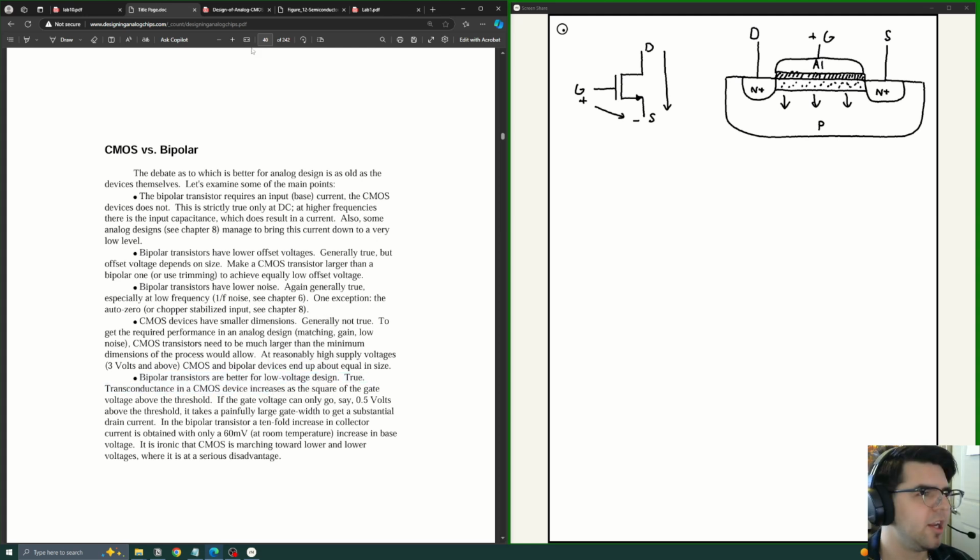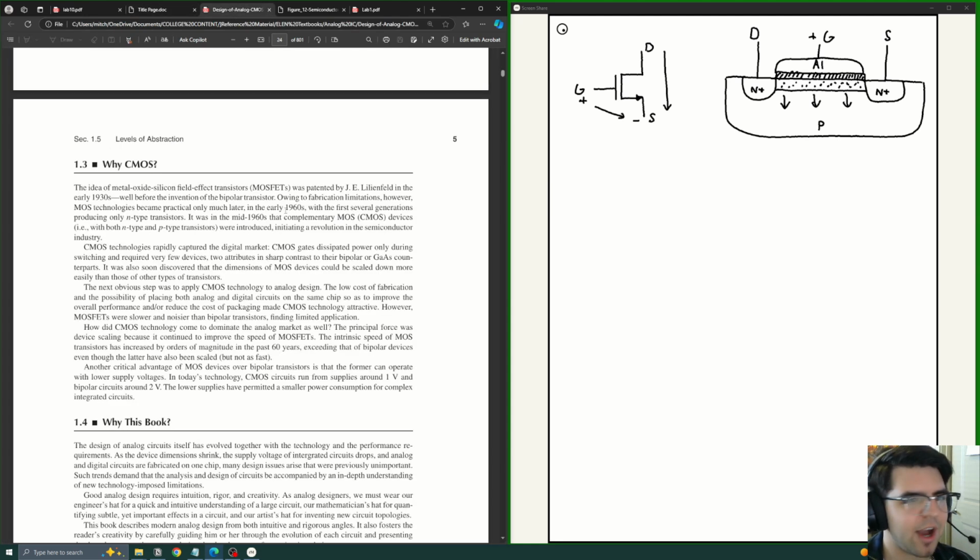But in another example, we've got Razavi. Razavi is arguably one of the greatest analog designers of all time. In his 2015 textbook, he talks about how CMOS is pretty much strictly better for digital devices. And we try to design analog devices in CMOS technology as well, so that we can put them all on one chip.